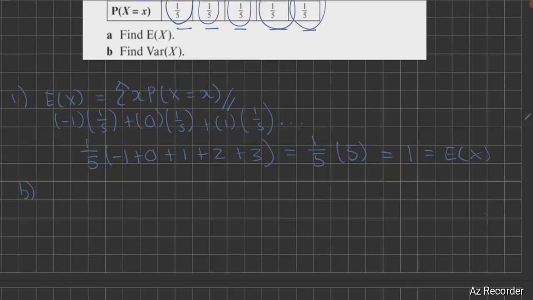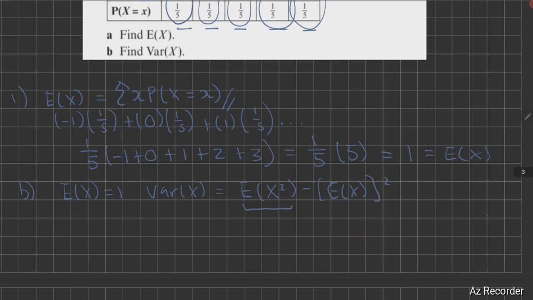So for part B, we want to find the variance. We already have E(x). If we remember our variance formula, we need E(x squared) minus E(x) all squared.